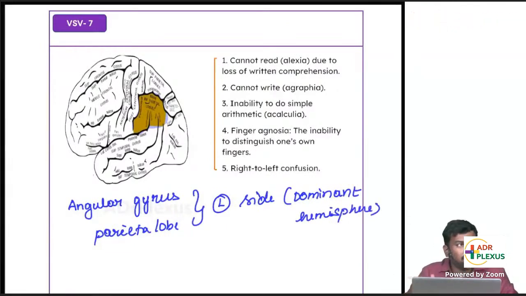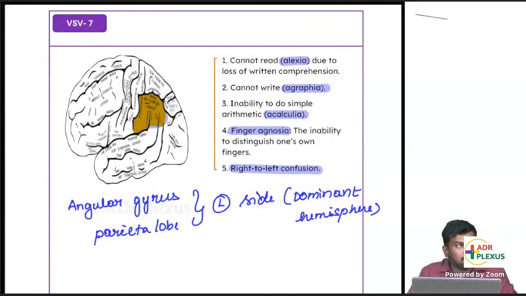Whenever your dominant hemisphere is involved, a patient is not able to read, write, calculate, not able to differentiate the fingers, and right and left confusion is there. What is this called?